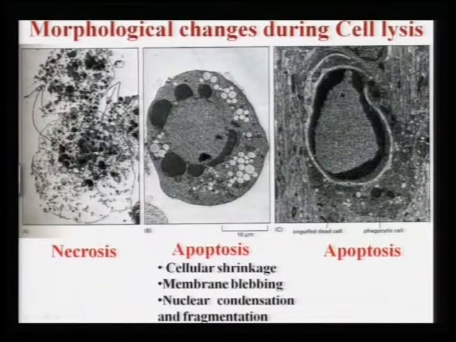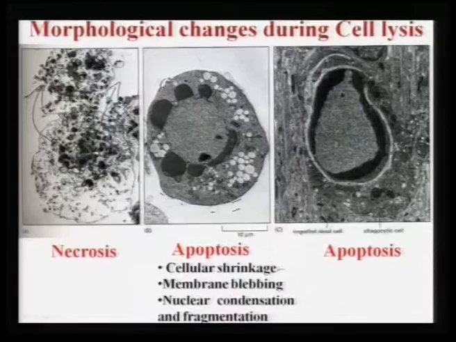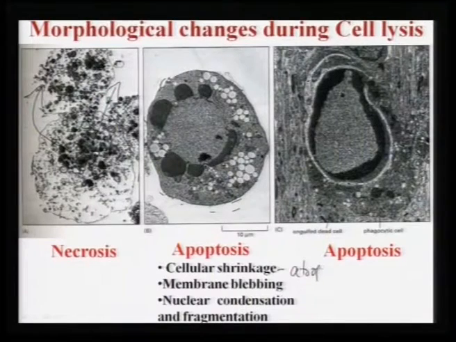Now, in apoptosis you do not see much change in the cell membrane structure. The cell membrane is more or less intact here, but cells shrink in size. Shrinkage of the cells in the adaptation process, the biological term is atrophy. Atrophy is the biological term.